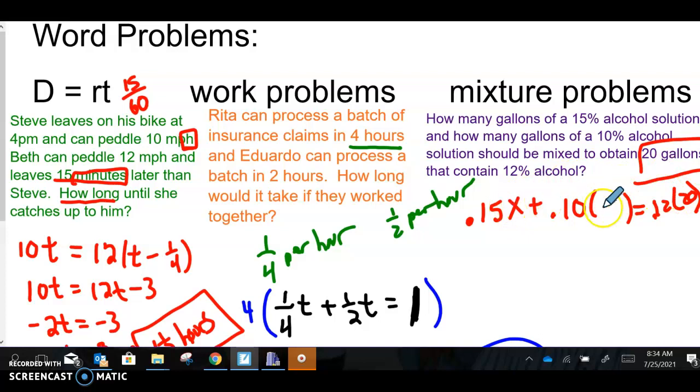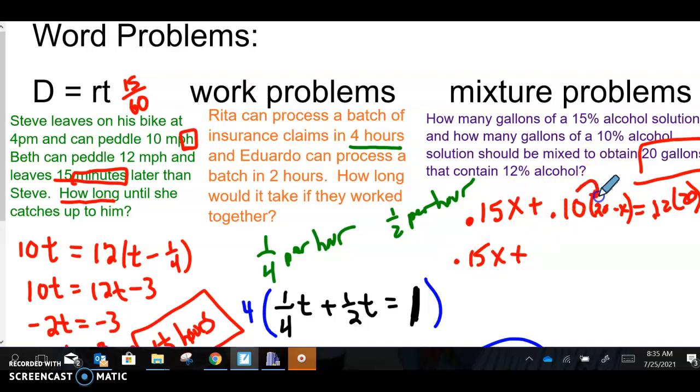So what I have here is actually 20 minus x, right? Whatever x is, I have 20 minus that of the other solution because they have to add up to 20. It's either 10 and 10, 5 and 15, 8 and 12. Somehow they add up to 20. So I say x and 20 minus x.